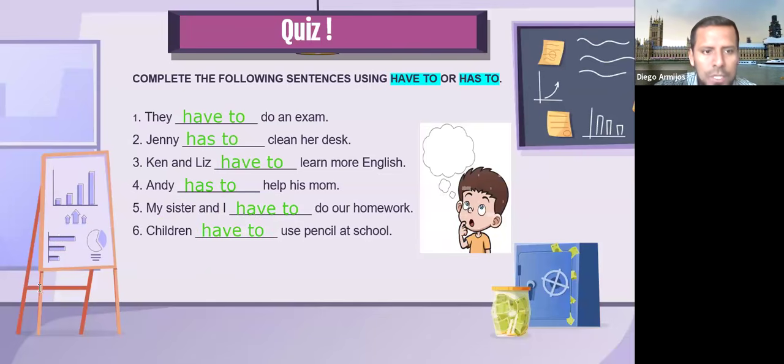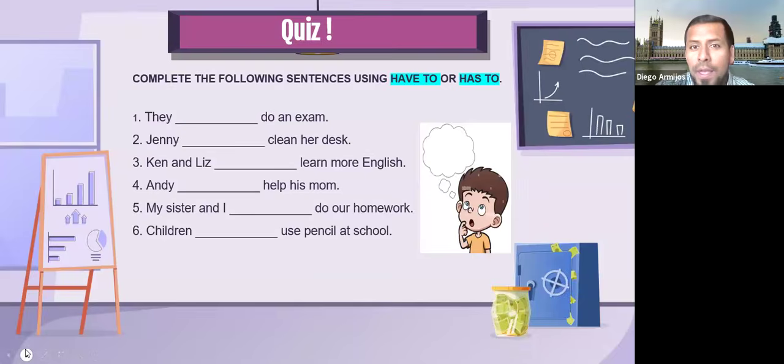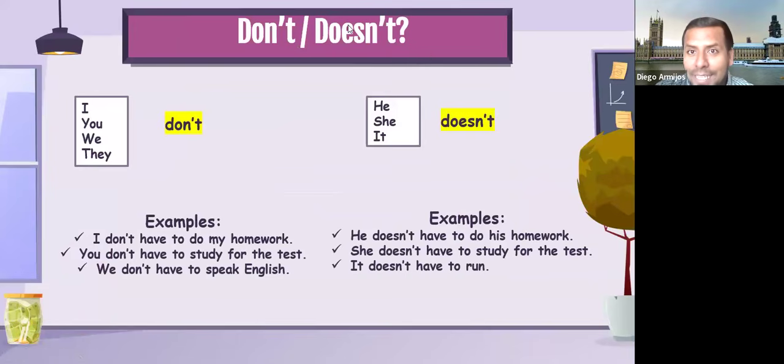All right, we have finished have to, has to. Now let's go into how to make negatives, okay? Pay attention, it's quite similar in this case. So we are gonna use, for example, I don't have to, you don't have to, we don't have to, they don't have to, okay? On the other hand, we have the singular thing.